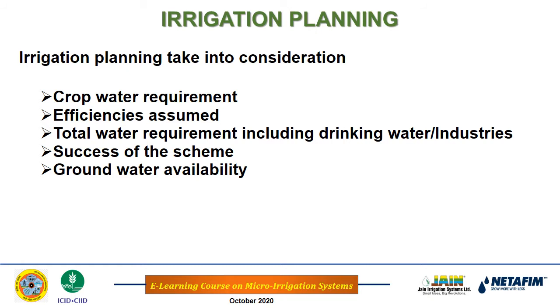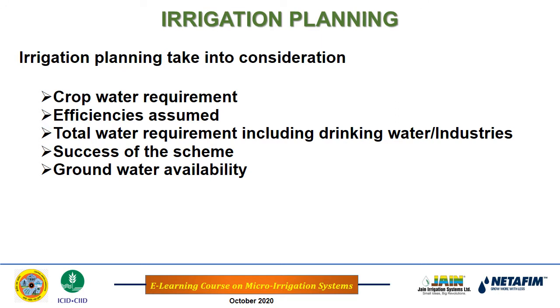Then what are the efficiencies assumed? So there are various ways. In case of conventional systems, if it is a canal system, it could be a lined canal, partially lined canal, or fully lined canal, or there could be a pipe distribution system.